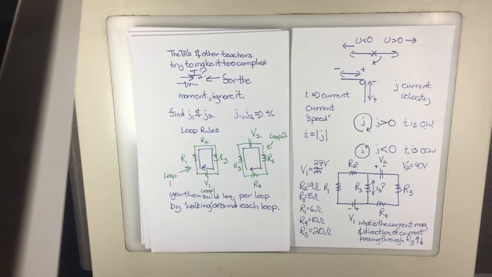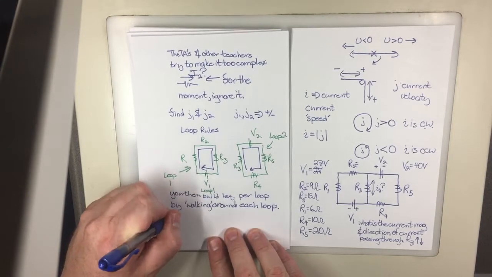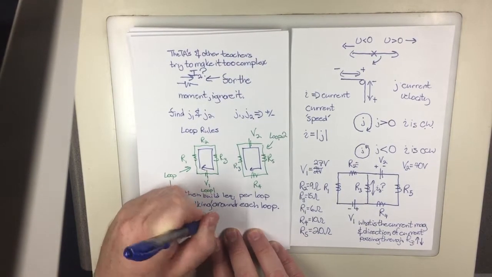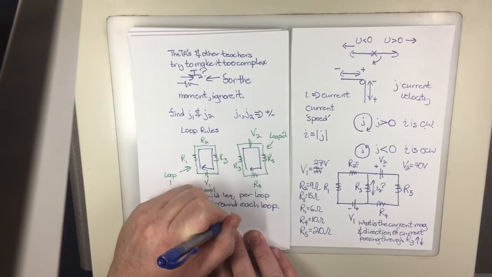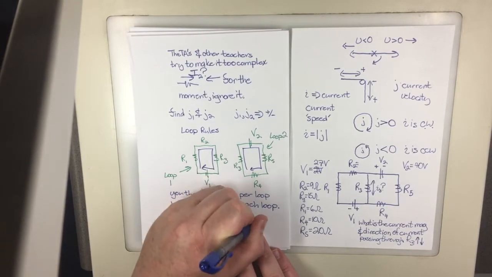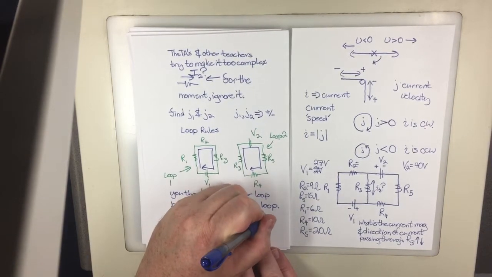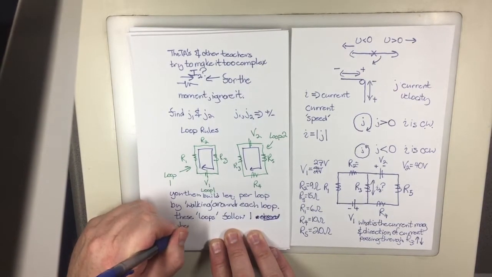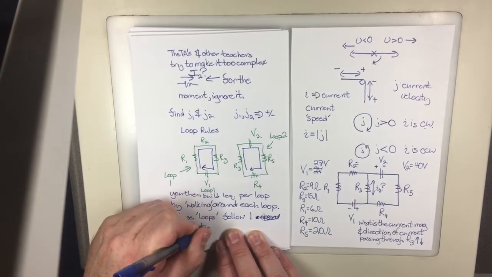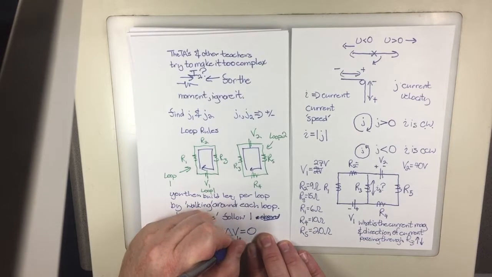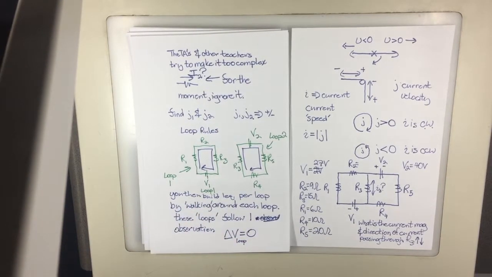And you're going to build these equations, and these loops follow one, I hate saying simple because a lot of people just go, that's not simple, one observation: that the delta V for the loop is 0.